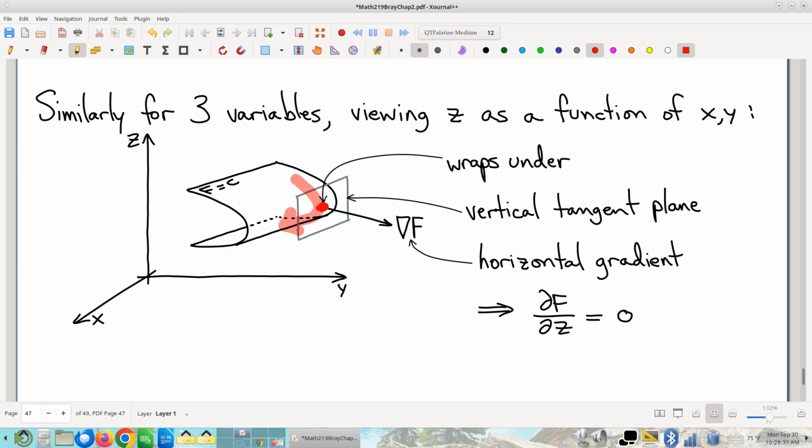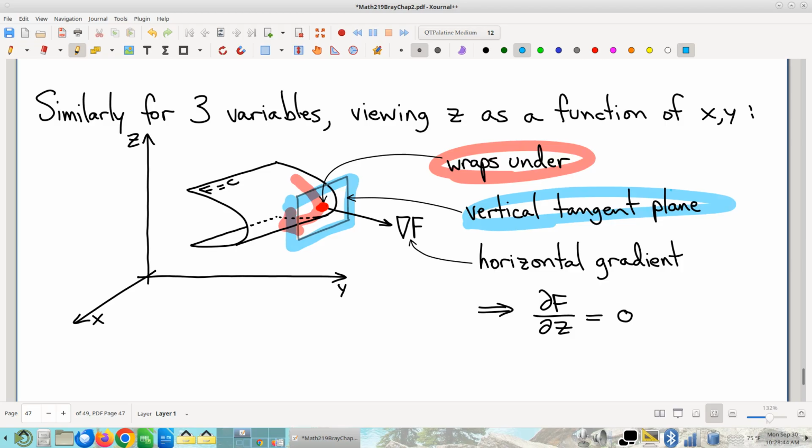It wraps under when you have a vertical tangent plane. And a vertical tangent plane means that you have a horizontal gradient. Keep in mind, when we say horizontal gradient, we mean gradient of f, being the function that this is the level set of. Gradients are always perpendicular to level sets.